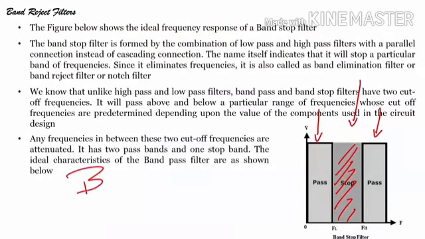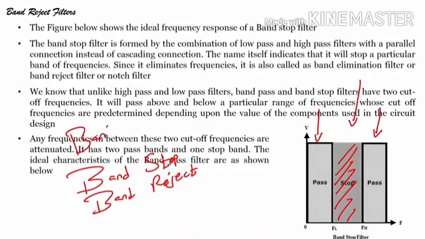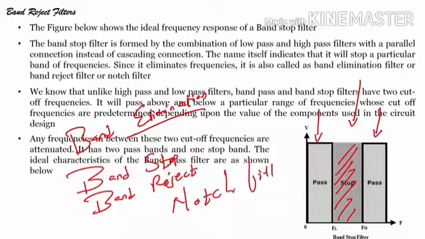Let us write them down: band stop filter, band reject filter, band elimination filter, also called notch filter. So, 4 different names for the band reject filter: band stop, band reject, band elimination, notch filter.